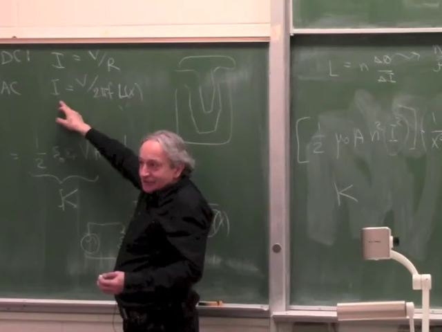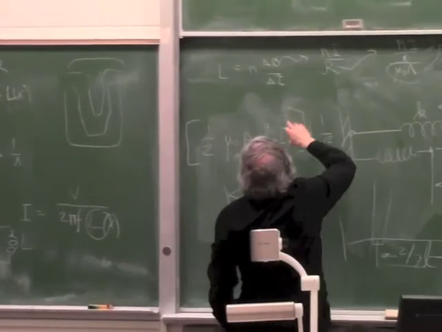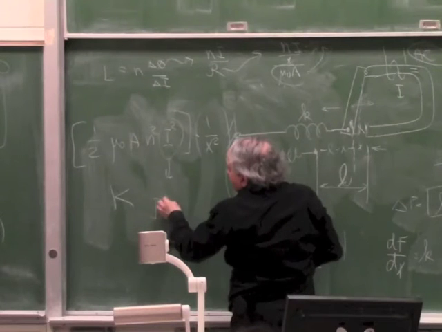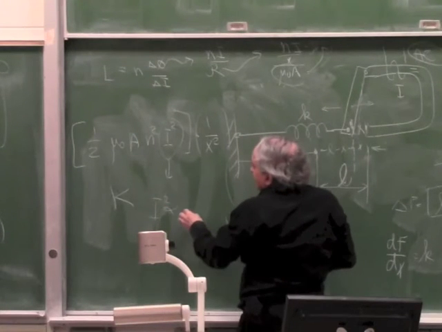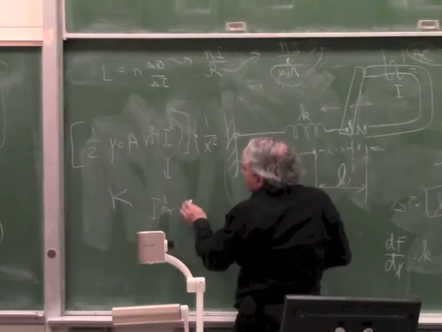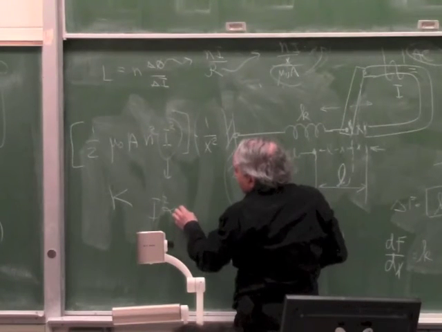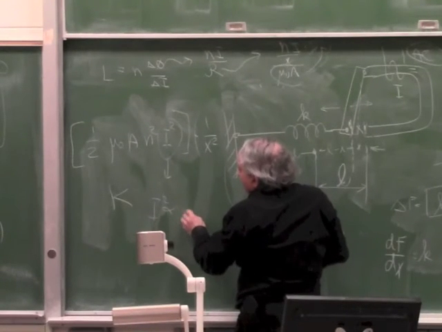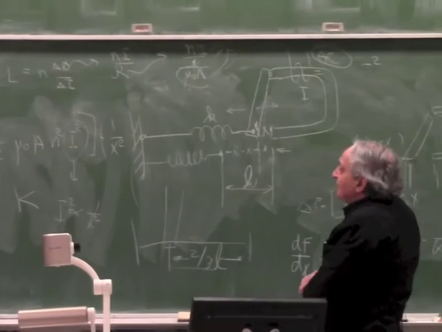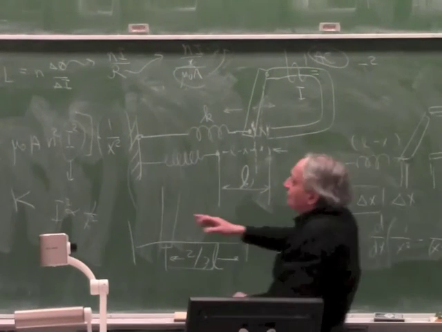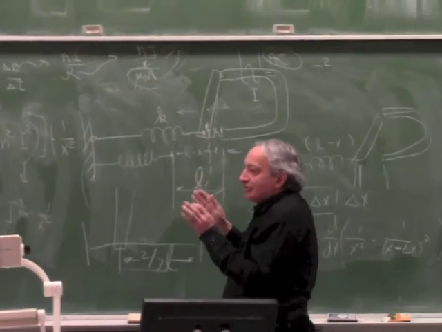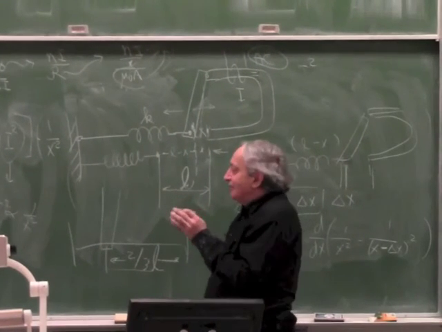Okay? So now because we have I squared, you will actually get that I squared is proportional to x squared. To 1 over x squared. Okay, so basically these two things will cancel out if the gap was halved.